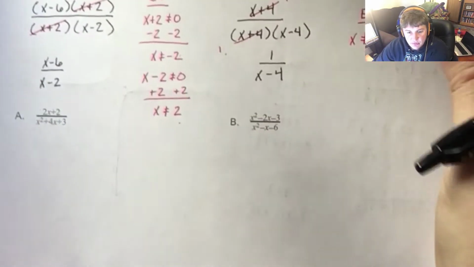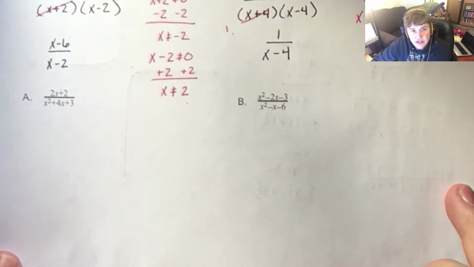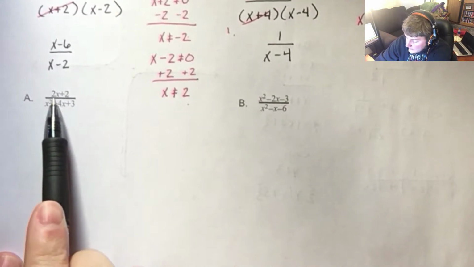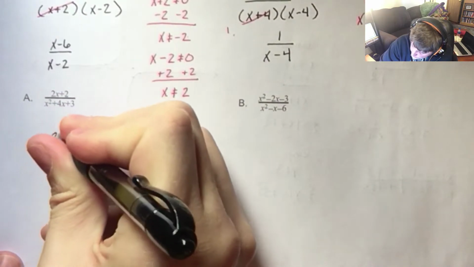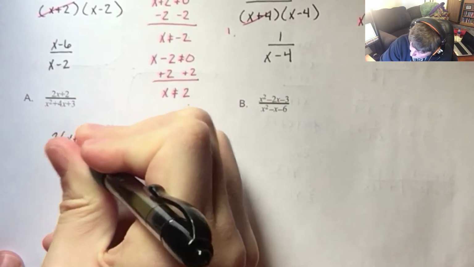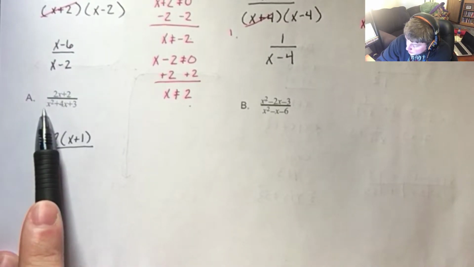Okay, so I'm assuming that we've already tried A and B independently, and we're looking to check our work. So I'm looking at the top one, A. 2x plus 2 can actually be factored because the first step is always to find a greatest common factor. So this means it's 2 times x plus 1. Here, 3 terms.